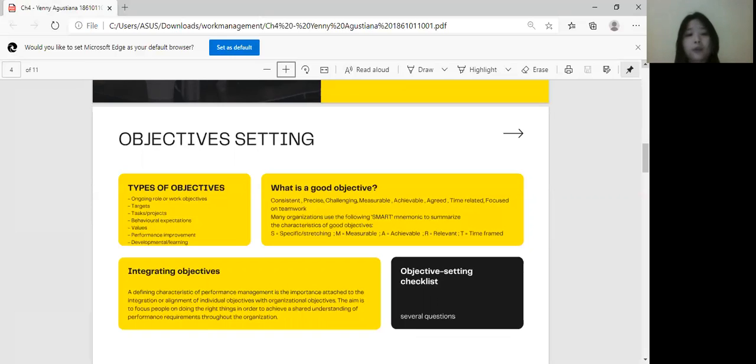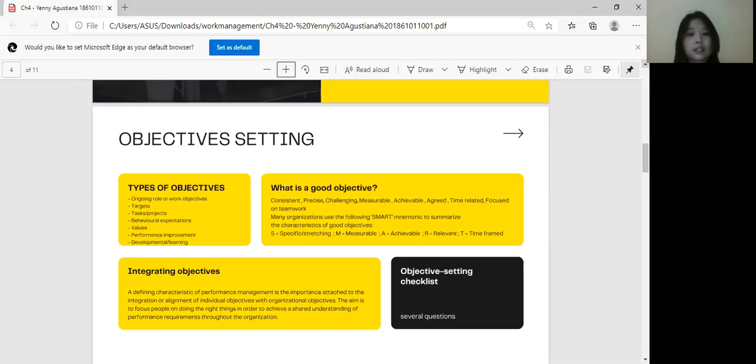The types of objective include, first, ongoing role or work objectives: all roles have built-in objectives, which may be expressed as key result areas in a role profile.